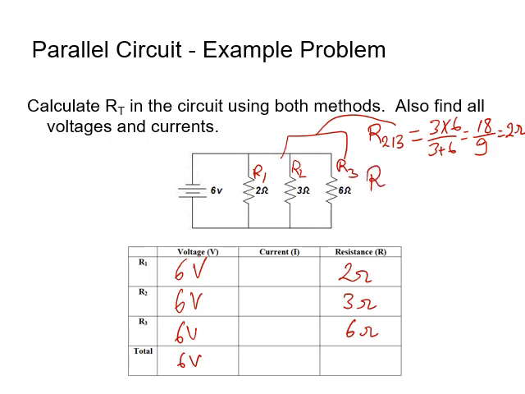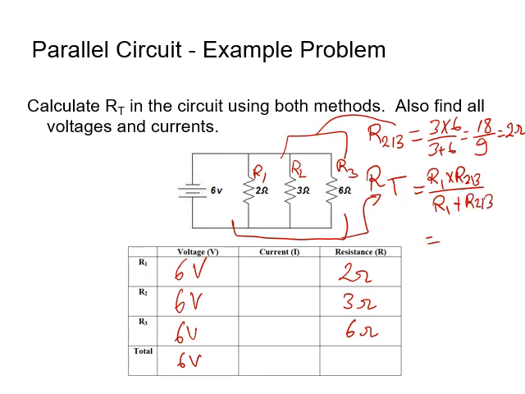And then R total, which takes all of this together, is R1 multiplied by R23 divided by R1 plus R23.